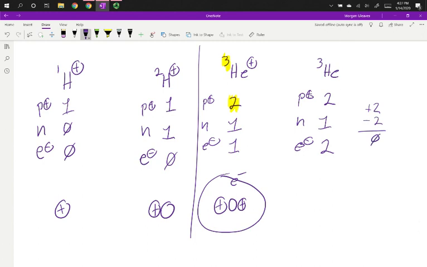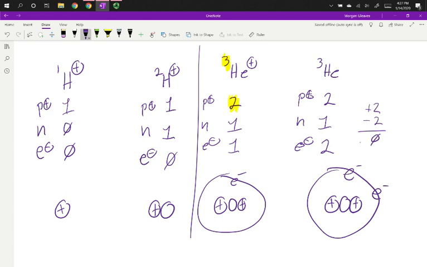So for this symbol, for He3 with no charge, I must have 1 proton, 1 neutron, my second proton, and around it would be 2 electrons. So this is how we look at the symbol in order to determine what the parts of the atom are that we're talking about.